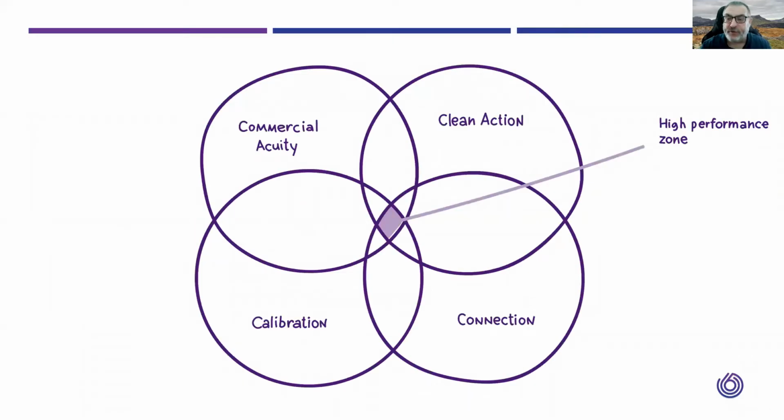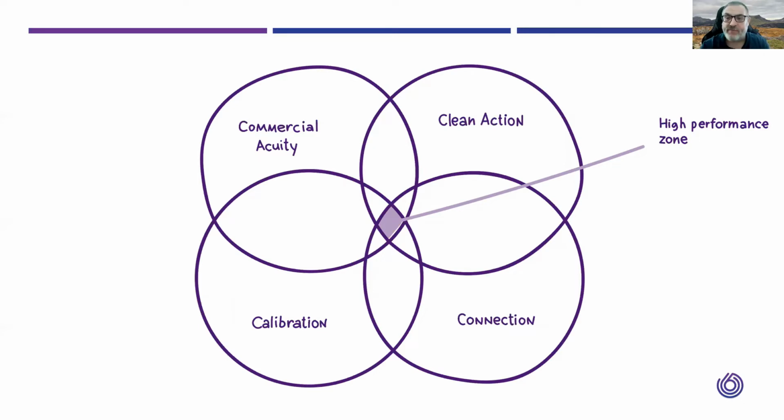As I move through this presentation, these four elements are the elements that I teach in the Leverage Leadership program. Personal calibration: calibrating yourself to what's going on around you. Commercial acuity: the awareness of the business environment and the drivers of what makes business work.